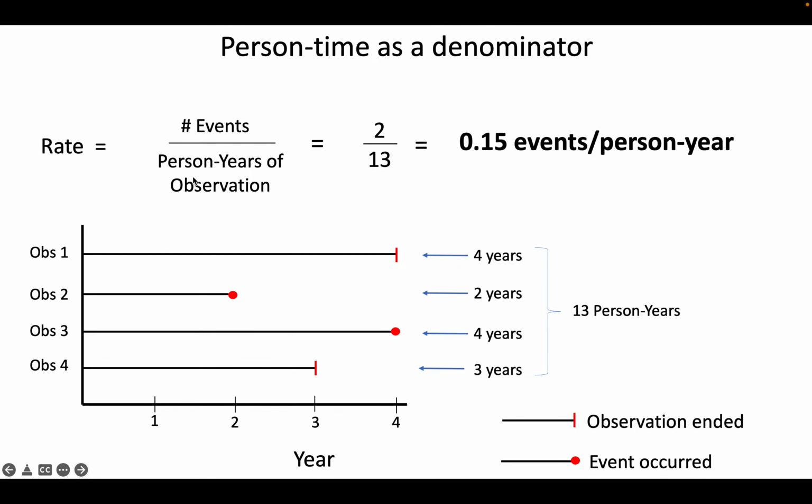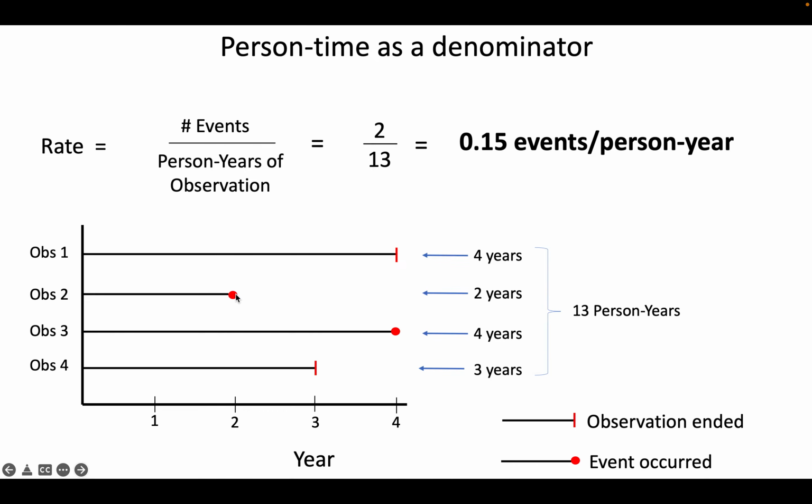So like I said before, the denominator usually has some aspect of time in it, and what I'm going to show here is a concept called person time. I have a video on that in itself. This is a group of people followed for 4 years, and the number of events is 2.